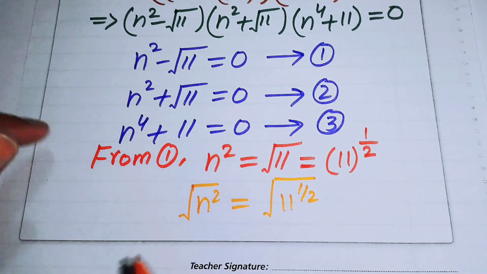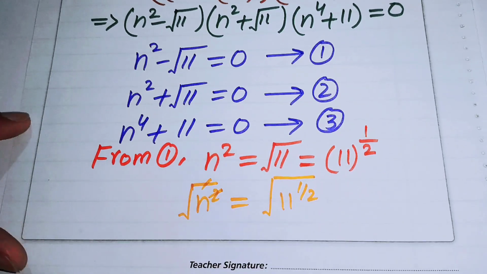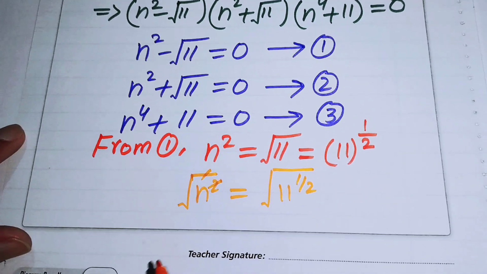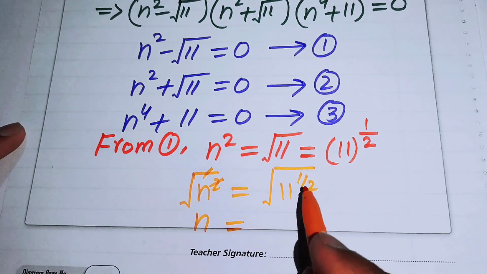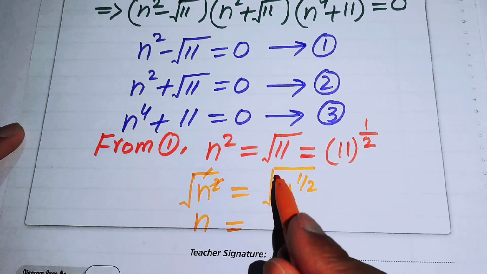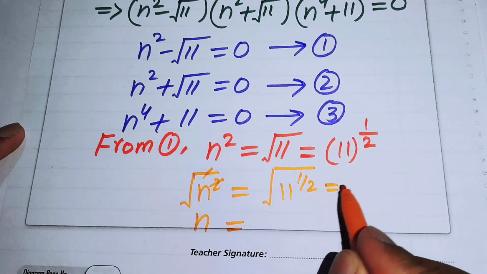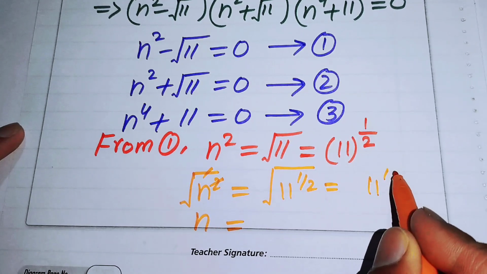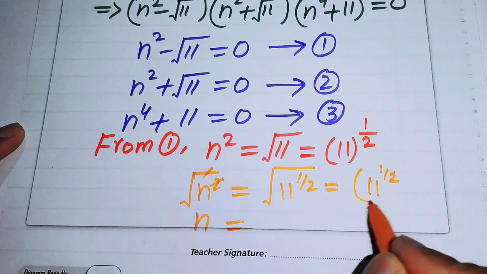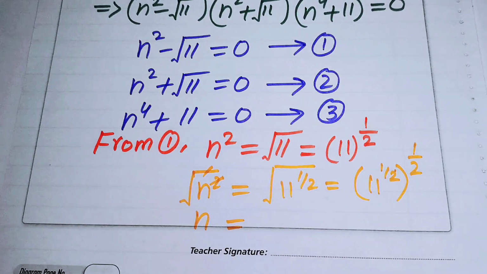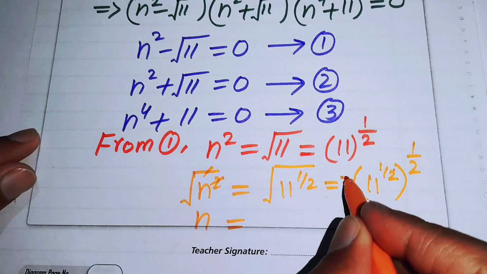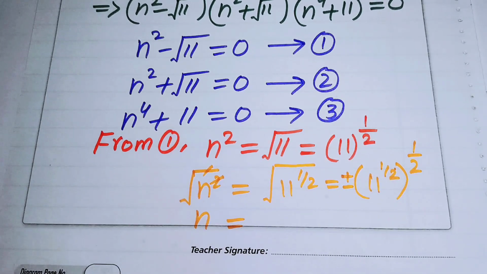So now you see that the square and the square root are gone, and here you obtain n equals, where we again write this square root as the power of 1 over 2, so 11 to the power of 1 over 2 and its whole power 1 over 2, and you will write here the plus minus sign because we take the square root on both sides of this expression.